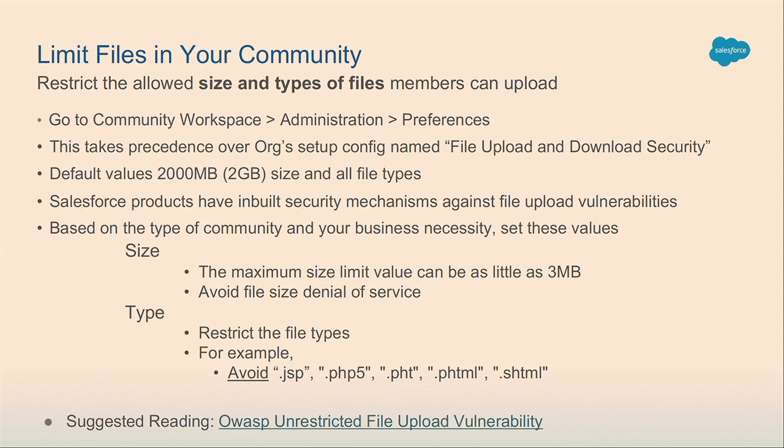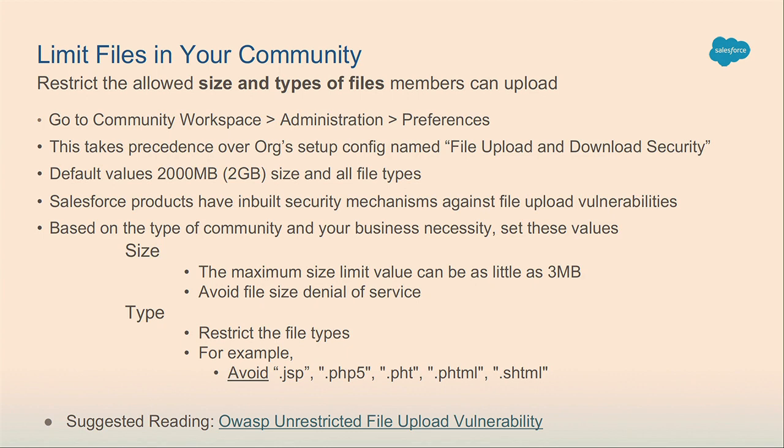So the default values are 2 gigabytes of file size, and all file types are allowed. However, we suggest that based on the business requirements, the community admin should configure the values for the file size and file type. Now, on our server side, we have taken the precaution that even if malicious files are uploaded by the community users, we take precautions before editing those files or before running any file operations on those files.